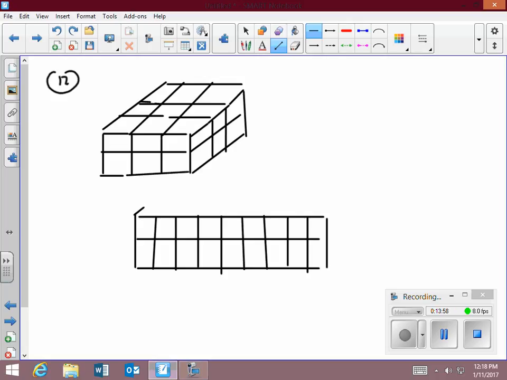Then you have it go back. Well, for that matter, why wouldn't you just put all 18 in one row? Well, then it says stacked.